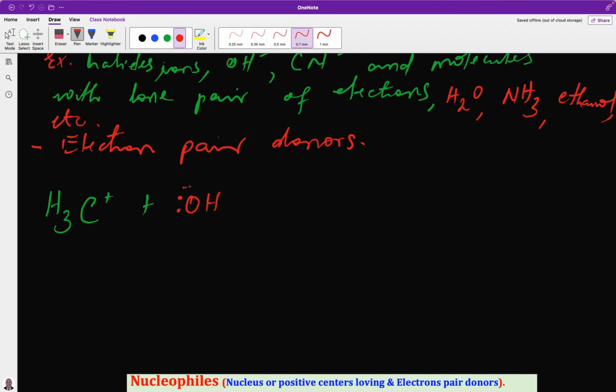What happens? The movement of the curly arrow indicates the movement of the lone pair of electrons, and this results in what?